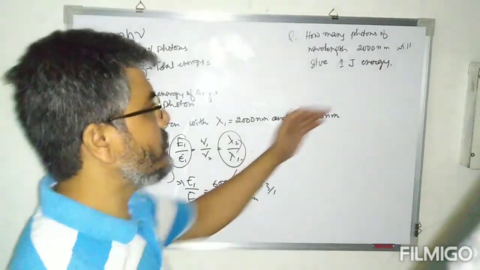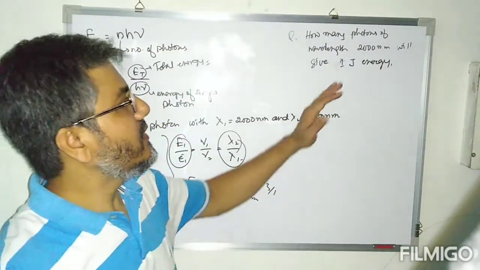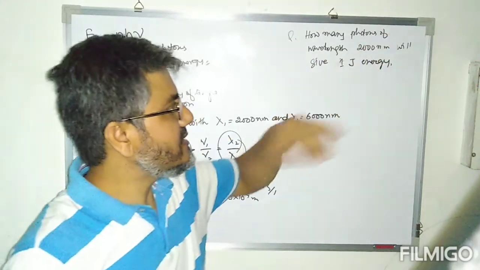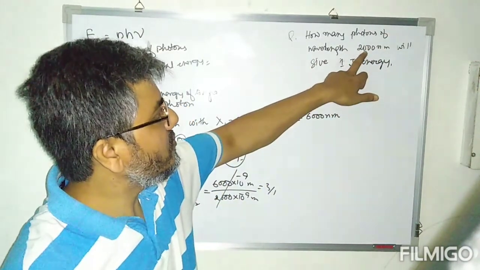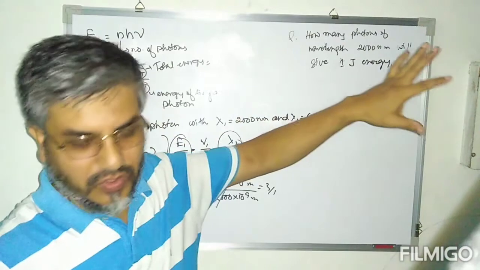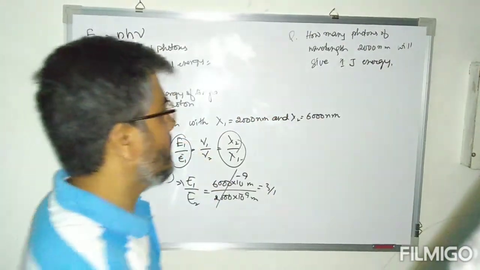So total energy is 1 joule. Wavelength of each photon is 2000 nanometer. So how many photons are present?